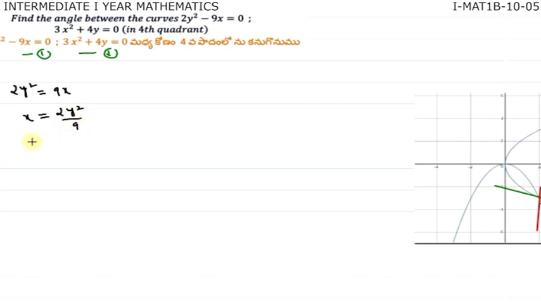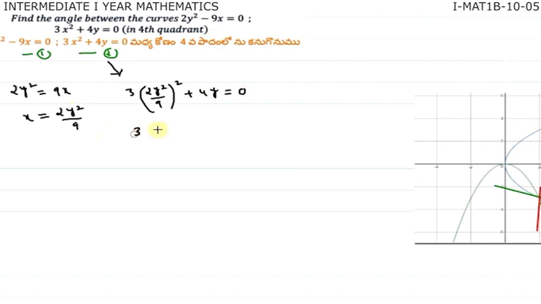Now substitute in the second equation, I get 3 into x square, x means 2y square by 9 whole square, plus 4y is equal to 0.